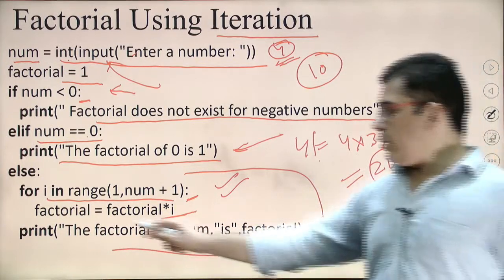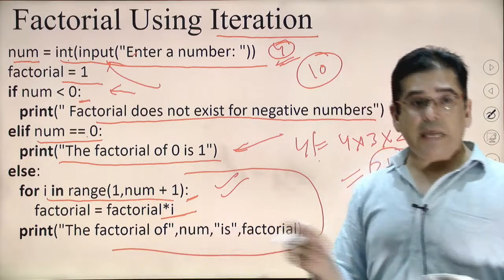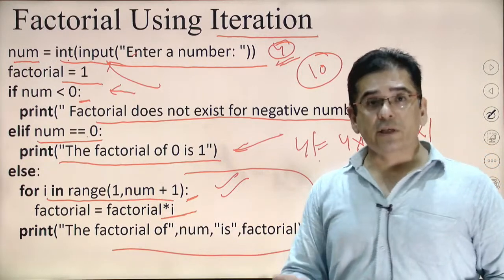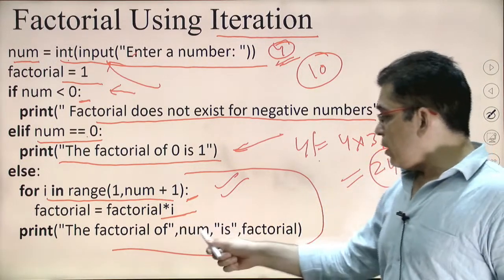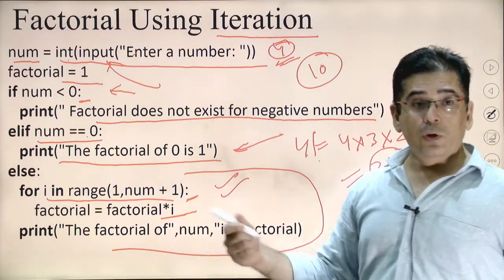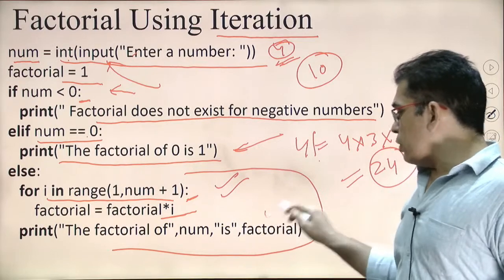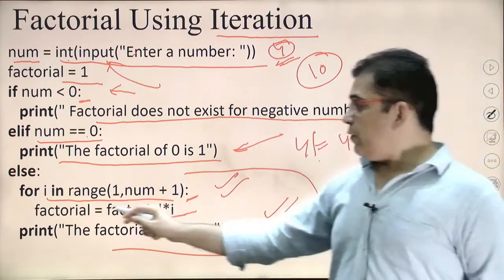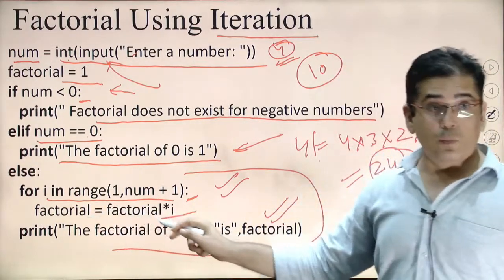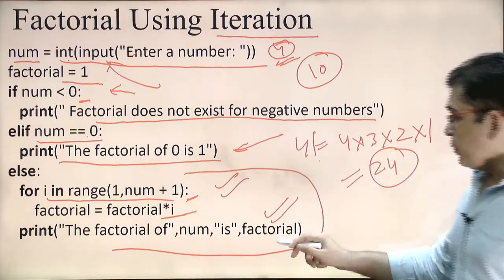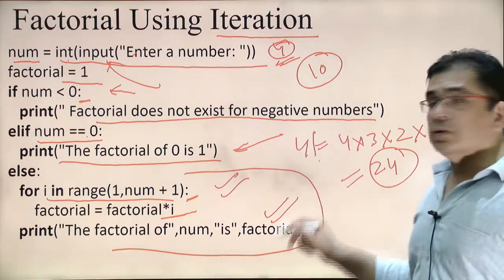Now you can see here the inverted commas contain the static part, which will be displayed as it is by the print statement. Num will represent the value which I have entered here, in enter a number, and factorial will represent the calculated value of factorial in this for loop body. So the output will be the factorial of 4 is 24.